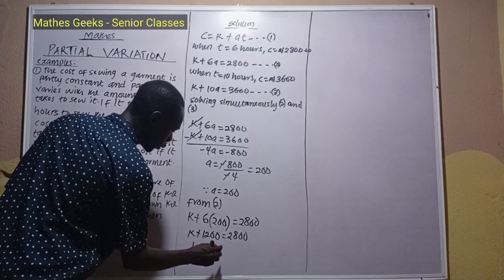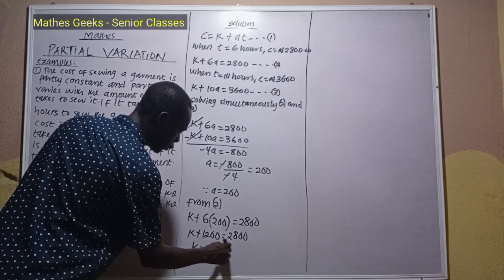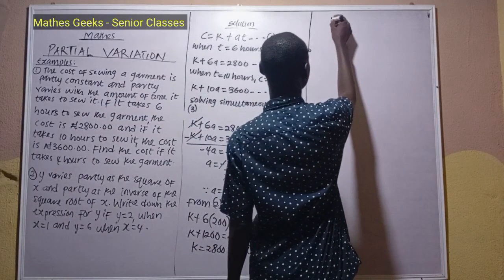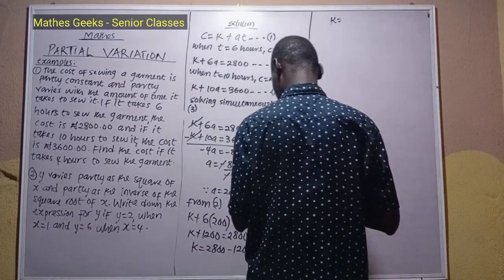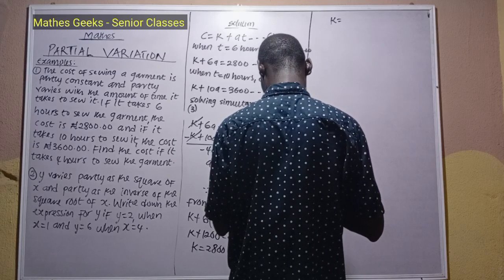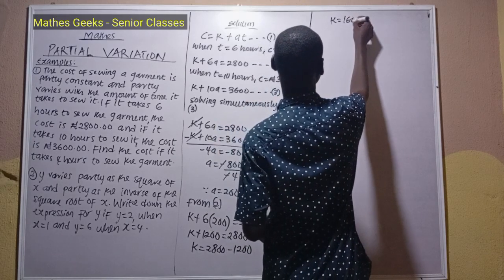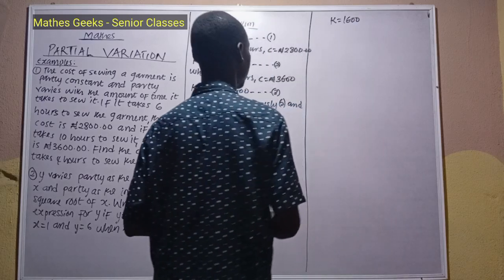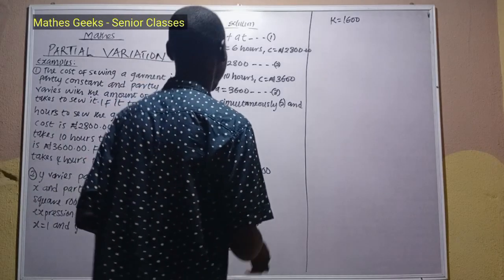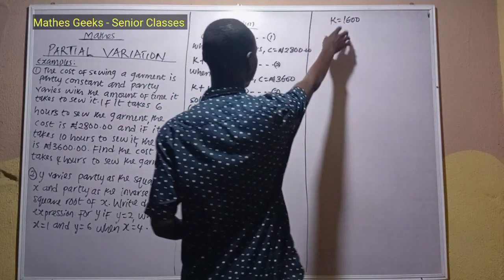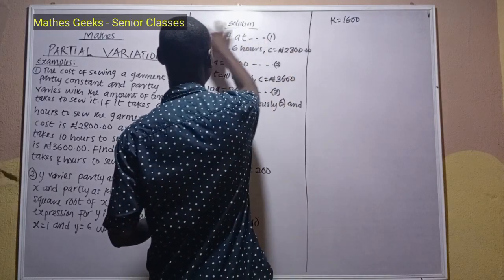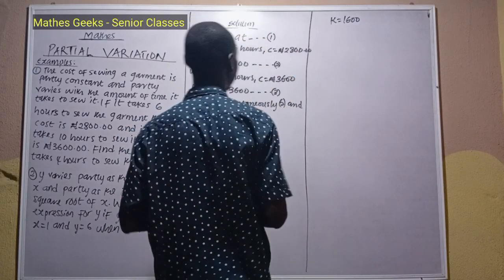So k is equal to 2,800 minus 1,200, and k is equal to 1,600. Now we've gotten the value of a and the value of k, which are the two constants. If we substitute these values into k and a in equation 1, we're going to get the formula connecting c and t together.